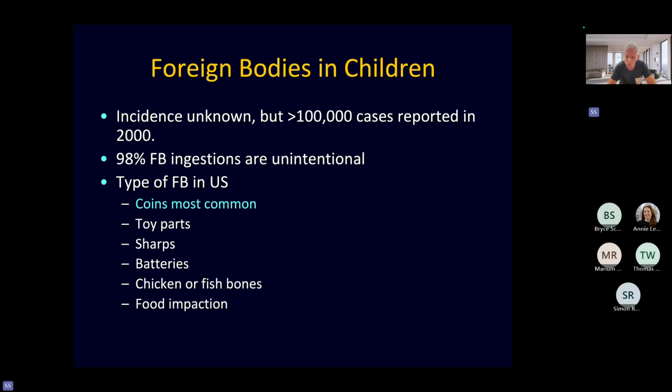When I was a resident and a fellow, I always used to carry with me an alligator forceps, because chicken or fish bones typically get lodged in the posterior pharynx. And you can have the patient open the mouth and you can reach in and pull it out. So that's just something of interest. And of course, food impaction, which we now know is a common complication of eosinophilic esophagitis.